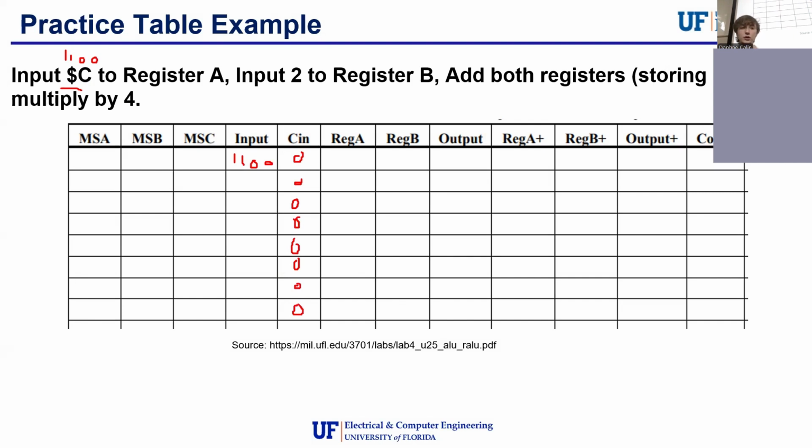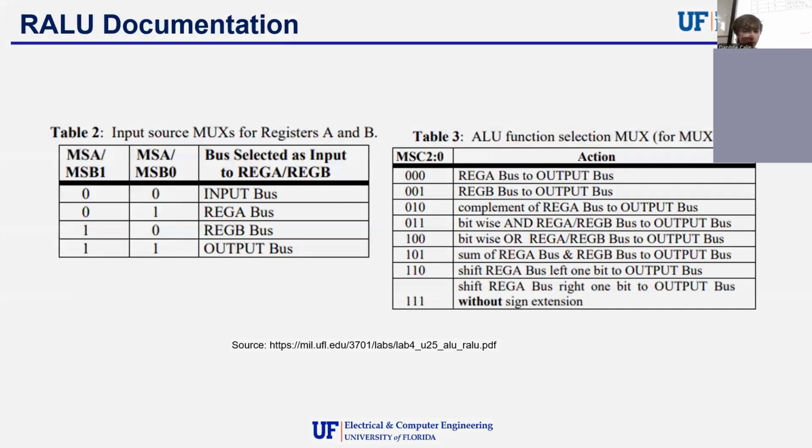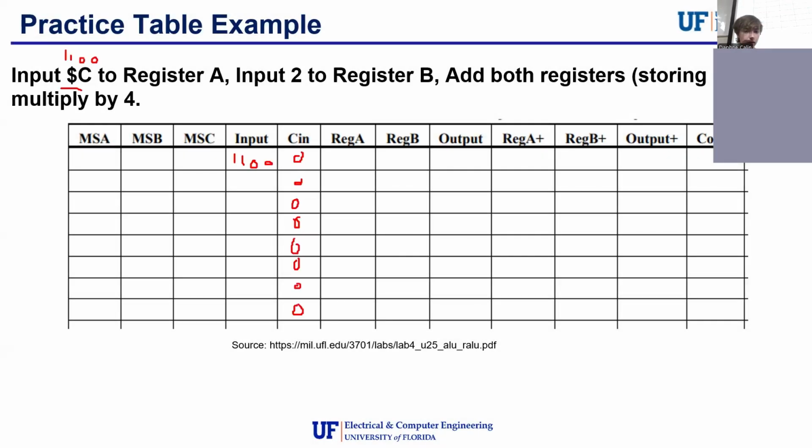So if we look next, we want the input bus to go into mux select A, and we want B to hold. So input bus represents 0 0, and then hold is 1 0. And because we don't want to do anything with mux select C, we can just have it at 0 0 0.